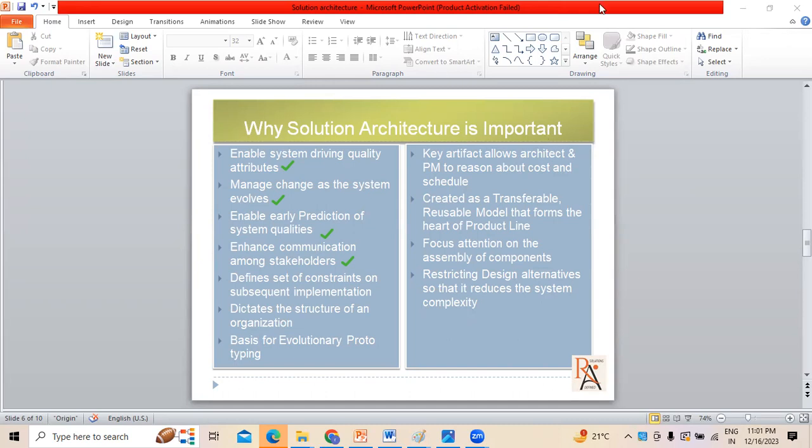Next, we need to define a set of constraints on subsequent implementations. This point I can say, when there is a regular implementation of the solution we are developing, we need to set some constraints, because every solution we are providing, at the end of the day, involves human intervention. Even though we are working on technology, at the end of the day it's human intervention, right?